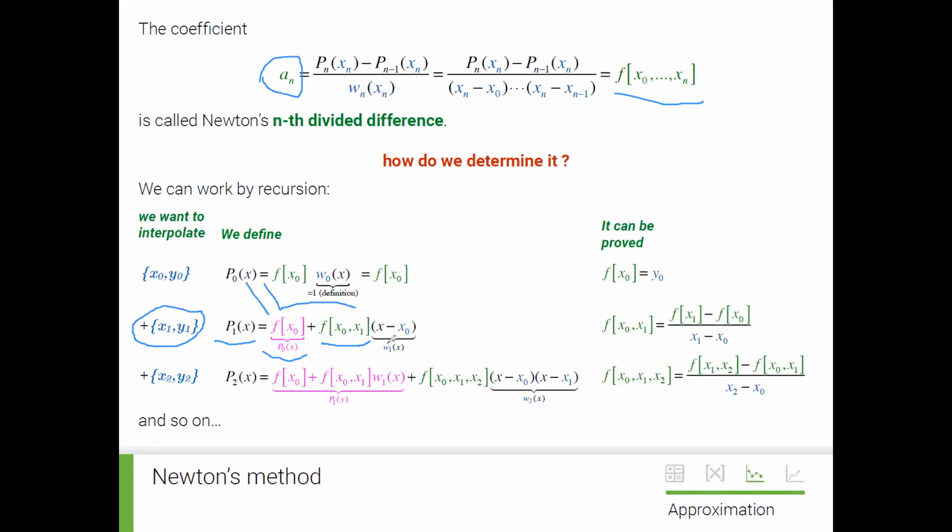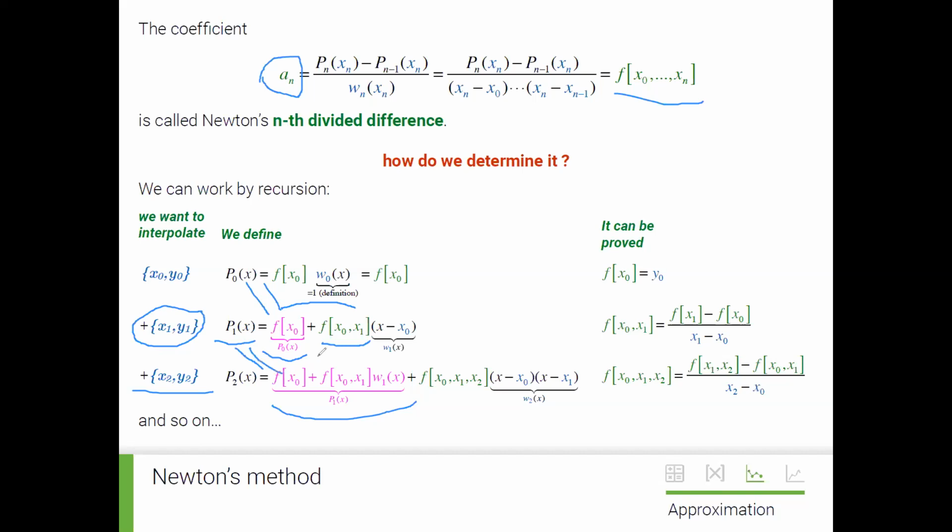Is it clear? Now, similarly, we can find for x2, y2. Our corresponding P2 polynomial will be f(x0) plus f(x0, x1) times w1 of x. This is equal to P1.